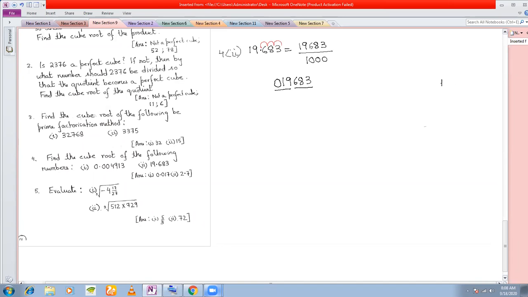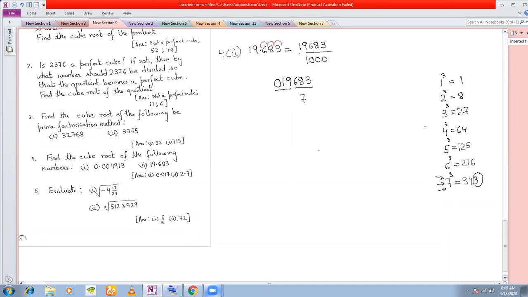Now, which cube number has the last digit 3? 343 has the last digit 3, which is cube of 7. So therefore, we write our 7 here.